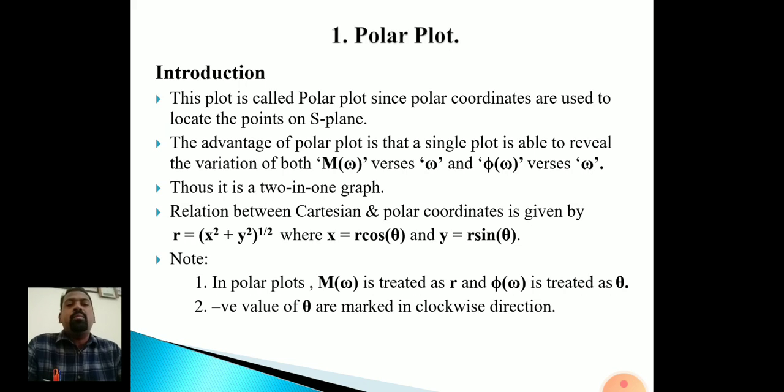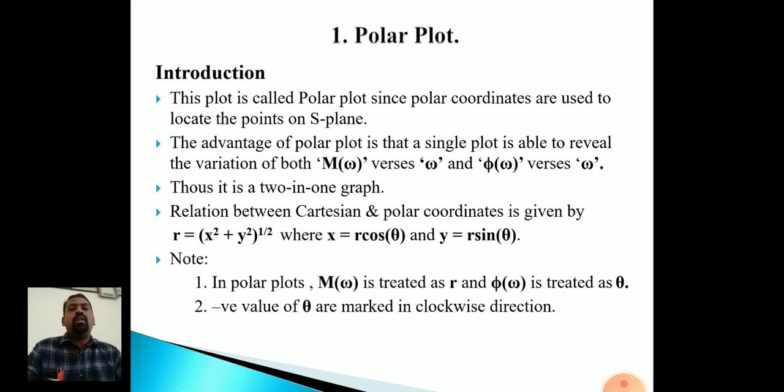The same point can be represented using Cartesian coordinates as well as polar coordinates. The only difference is that in Cartesian coordinates we take the coordinate along the x-axis and y-axis, but in polar coordinates we represent a point in the plot or the S plane by taking the radius and theta.